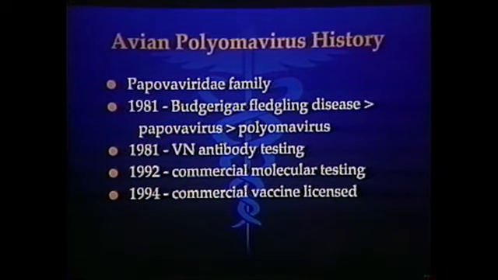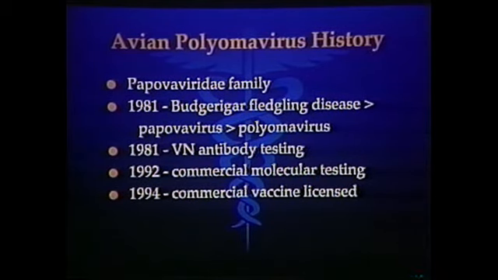With further study, the virus was characterized as a papovavirus, and with more refined studies as a polyomavirus. Since 1981, virus neutralizing antibody testing has been used to diagnose the disease, but the antibody titers do not indicate whether the bird is actively shedding the virus.